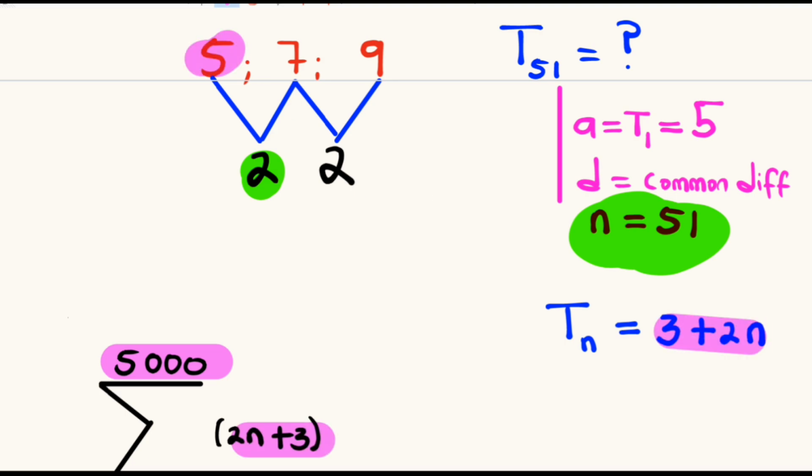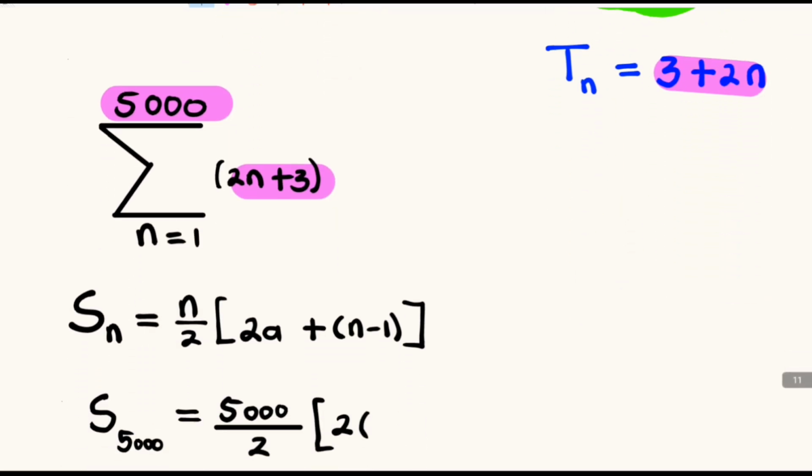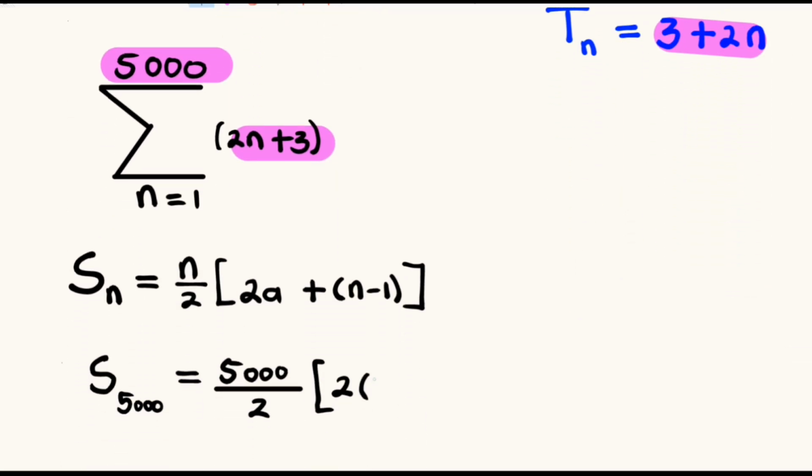So our a will be 5 and our d will also be 2. So in the place of the a, we substitute 5 plus, so we are supposed to have d there. Sorry about that. So in the place of the n, we substitute 5,000 minus 1 multiplied by 2 in the place of the d.